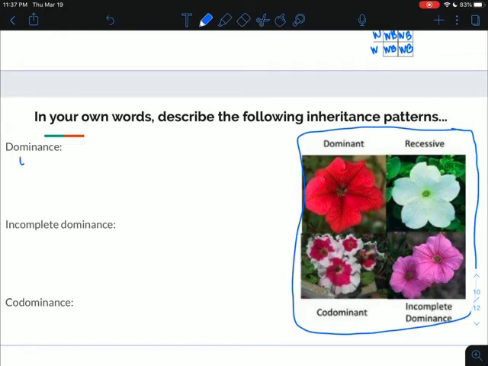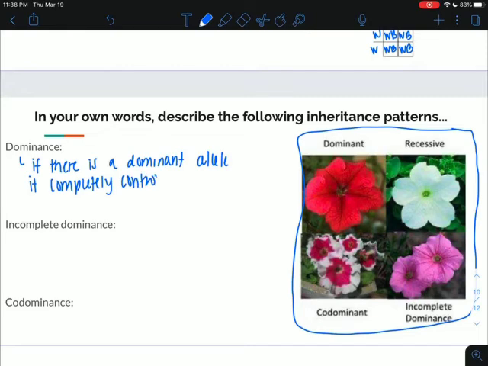So if I have a dominant inheritance pattern, what this means to me is that if there is a dominant allele, it completely controls the physical trait. So, for example, if I have a capital R, it's going to show red, regardless of if it's homozygous or heterozygous. It doesn't matter. Red is a capital R.